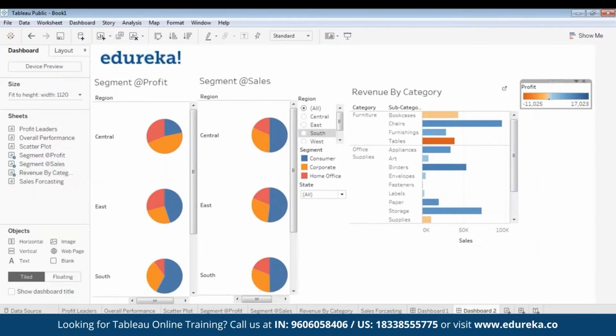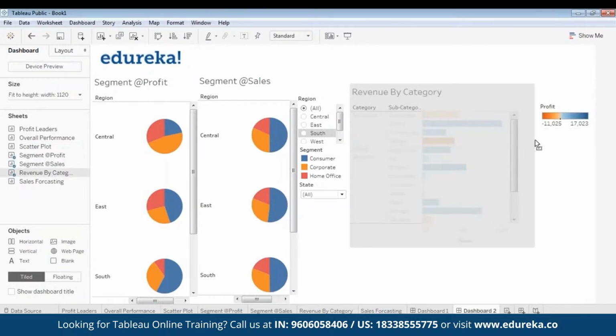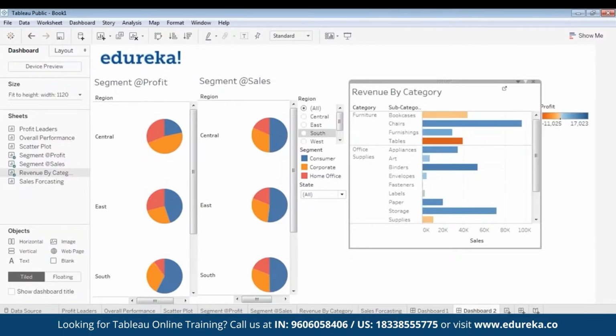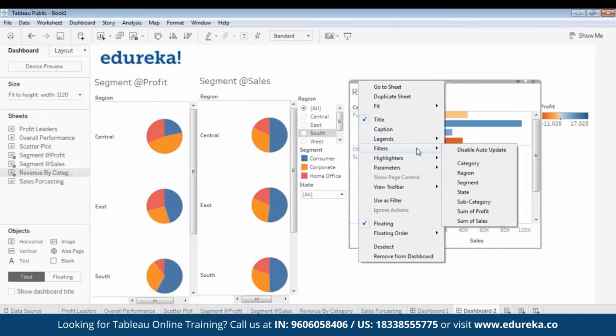And here we will place all our filters. Again, go to this sign, where you're getting this sign, right click, go to filters. It will give you all the filters which you want to have.